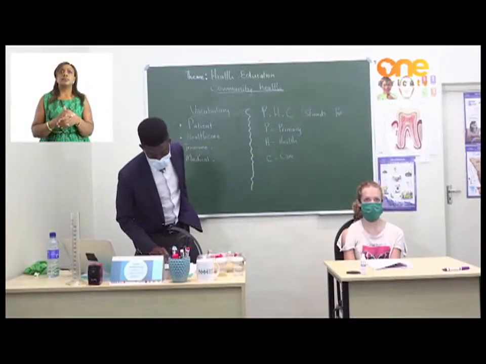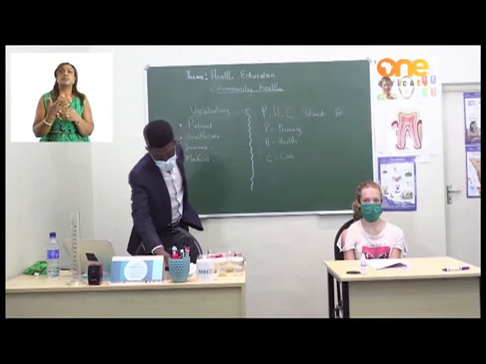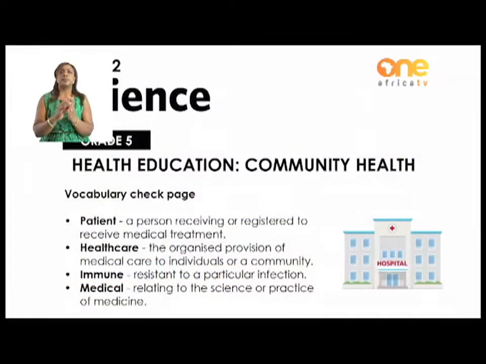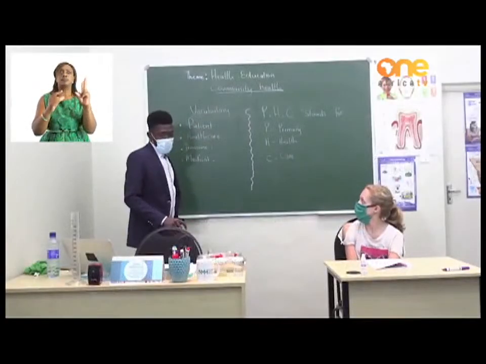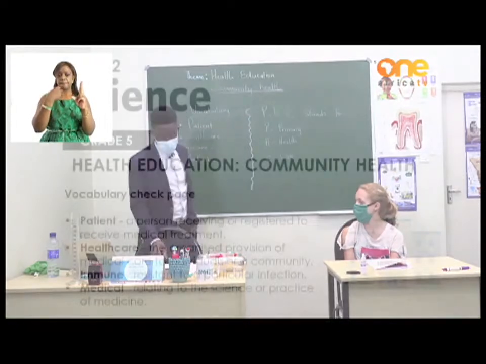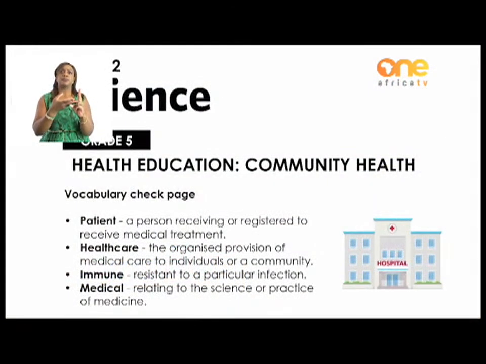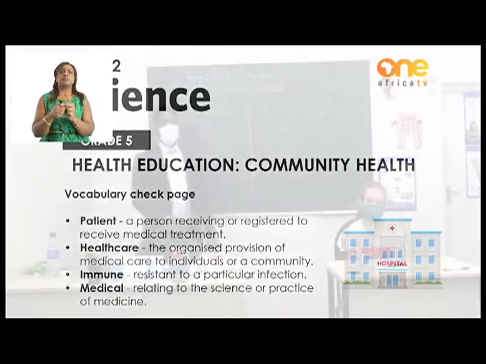All right, grade 5. Let's turn to page 29. We will begin by going through our vocabulary check. I will start with patient. What is a patient? It says here, a person receiving or registered to receive medical treatment. Healthcare.